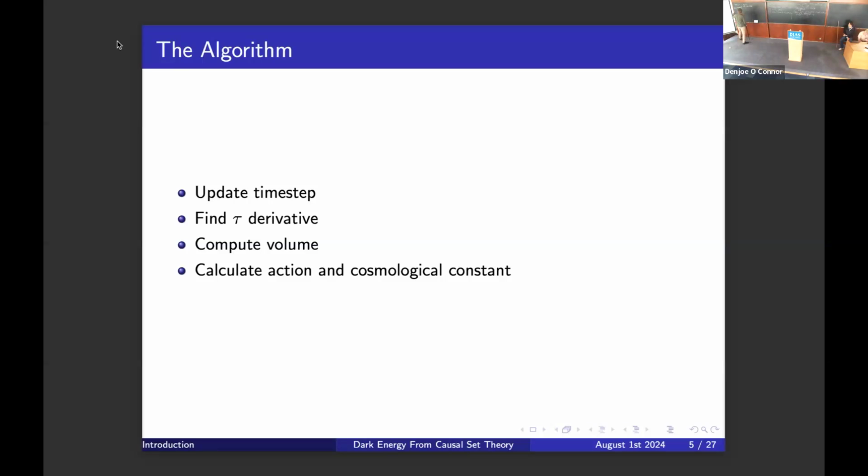We integrate that to give V equals 4 pi over 3 times the integral between some initial time tau_i and tau of a of tau prime to the power of 4 multiplied by tau_i over 3 times tau prime.